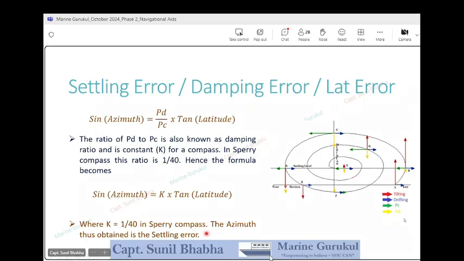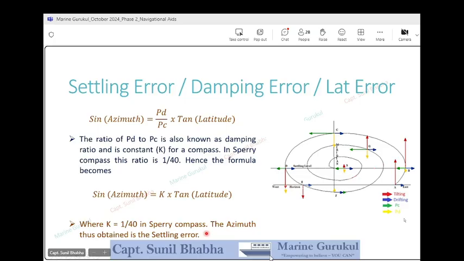So in both these cases, when it is directly provided or some information is given with which it can be calculated, we use the given value. But if in some question the damping ratio is not provided to us, we use this ratio of 1:40. So if you need this for your calculation and it is not given to you in the question, it is to be considered and taken as a 1/40 ratio.